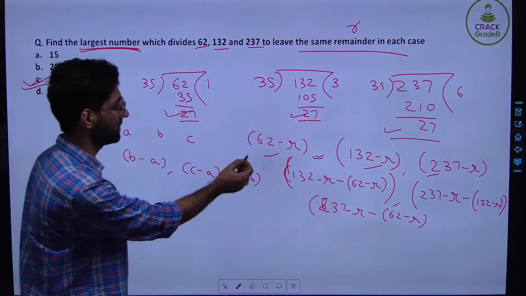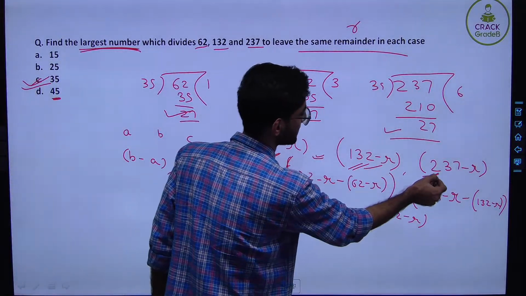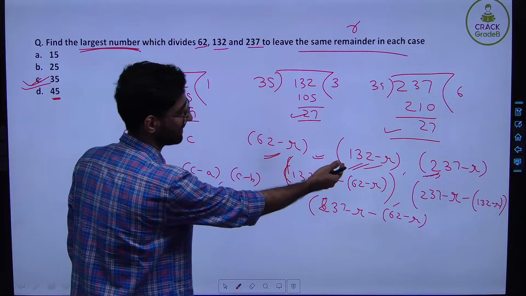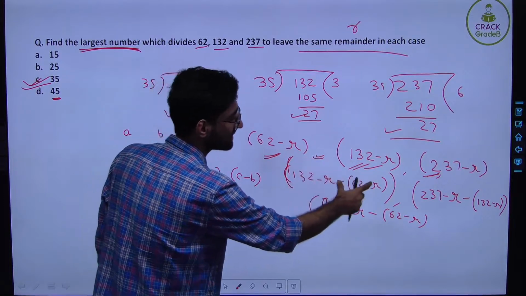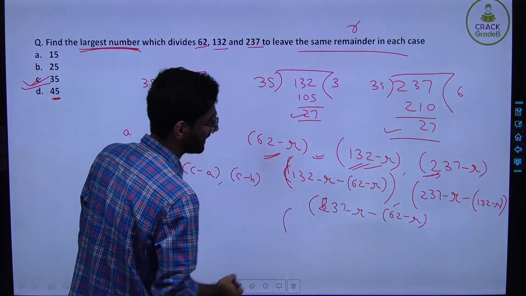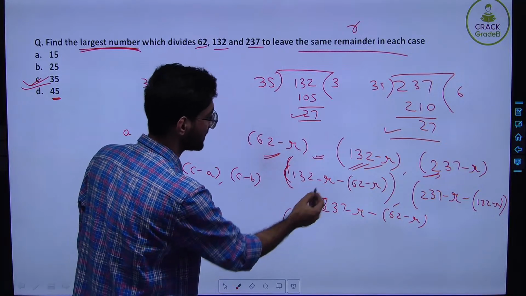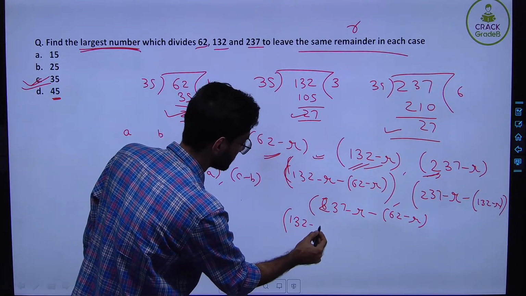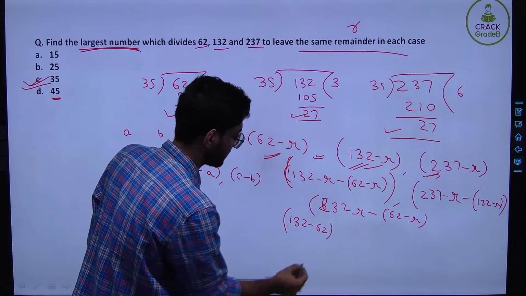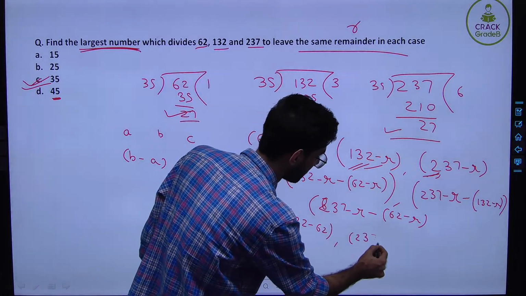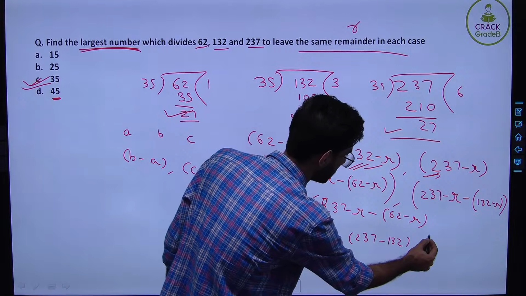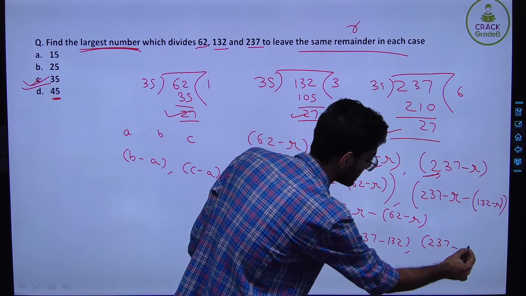Simple: if a largest number divides these numbers, that largest number can divide their differences, and if you find it, you will find 132 minus 62, 237 minus 132 and 237 minus 62.